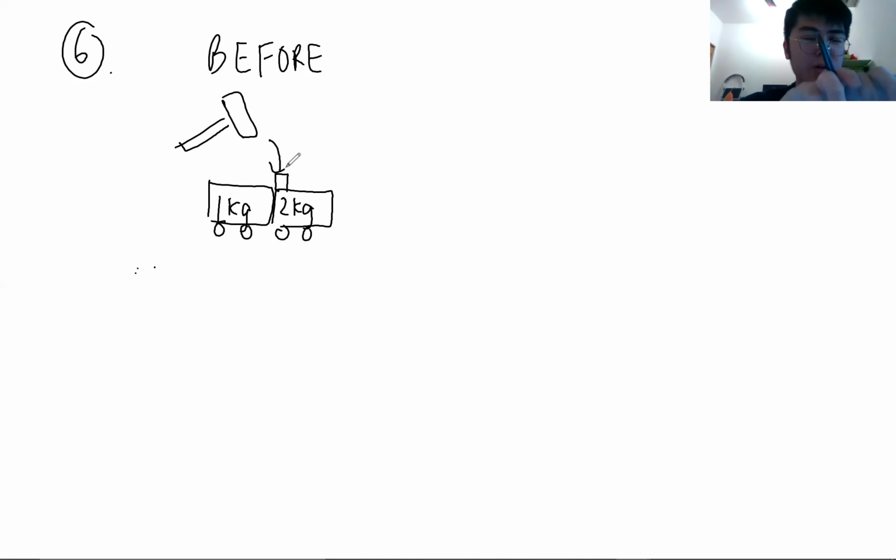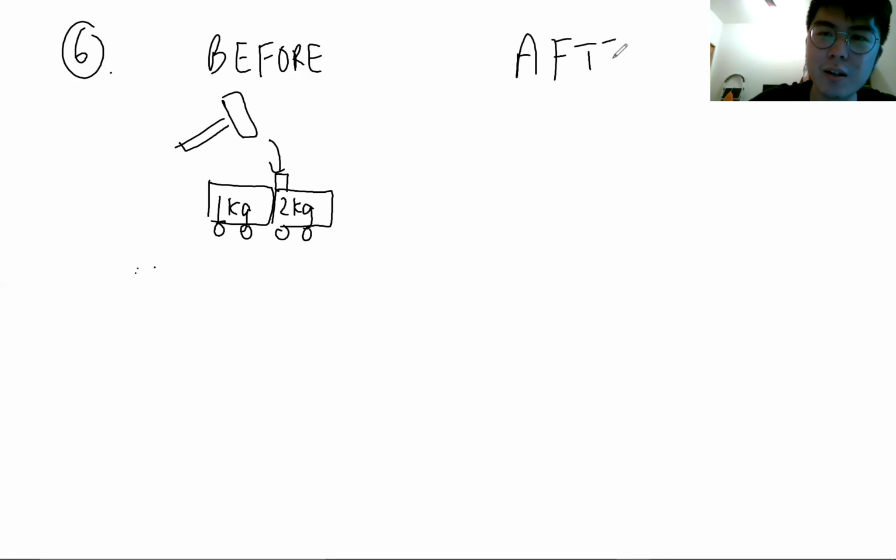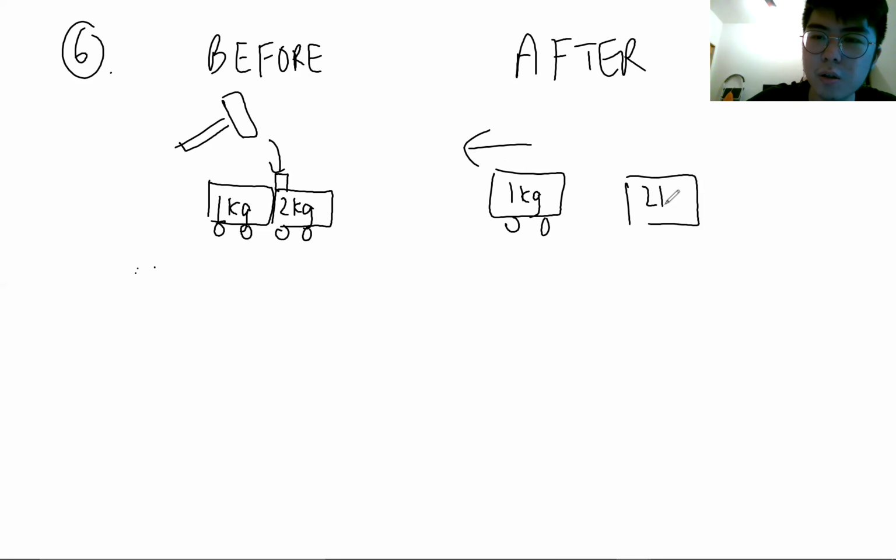What happens when it is hammered at this point? The two trolleys will move outward in separate directions, meaning that after you hammer, trolley 1, 1 kg, moves to the left, and trolley 2 moves to the right.